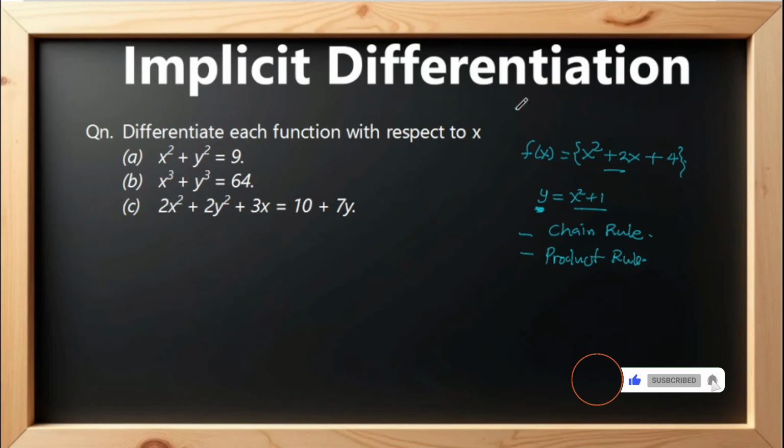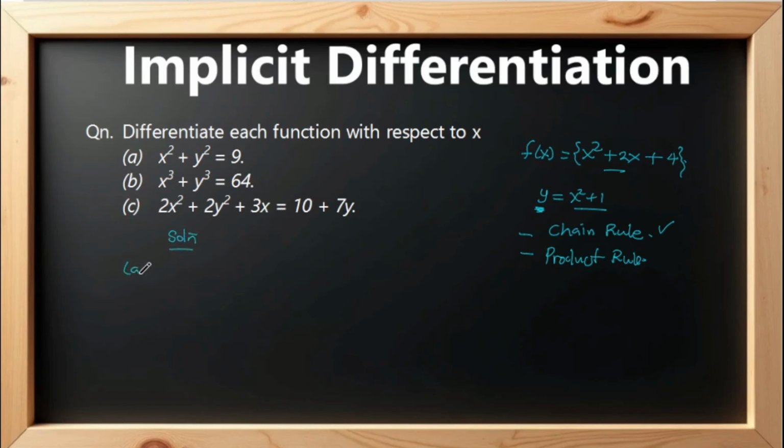And I've linked some videos in the description of this video. You can go ahead and watch about chain rule and product rule if you are curious to continue with this. So today we're looking at a simple version of implicit differentiation where we involve only chain rule. And don't worry, I'm going to walk you step by step slowly from the ground up. Now with all this said, let's get started.